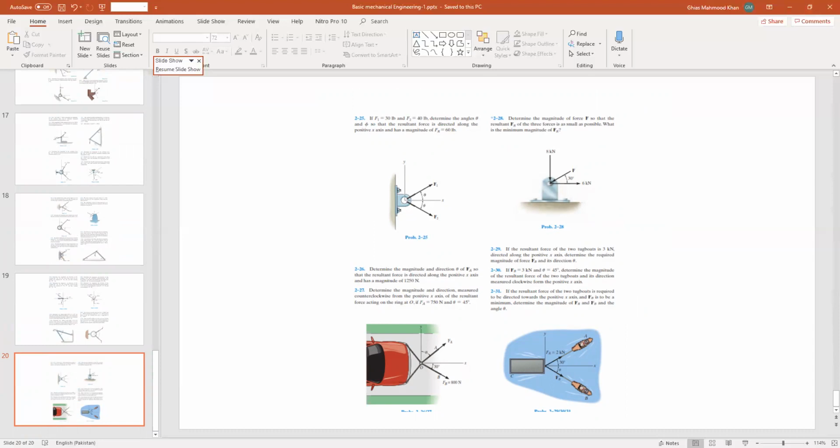We have solved a couple of these in class as well, but I recommend you try to solve all these questions by yourself. If you find any difficulty, we will discuss it in our discussion session.